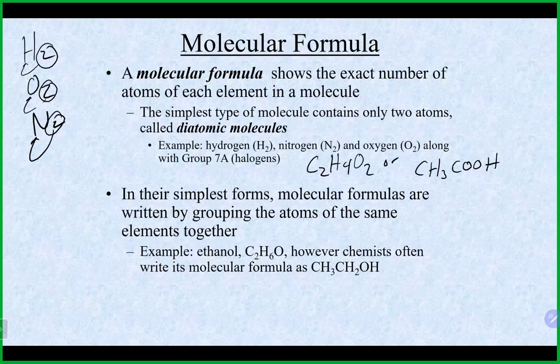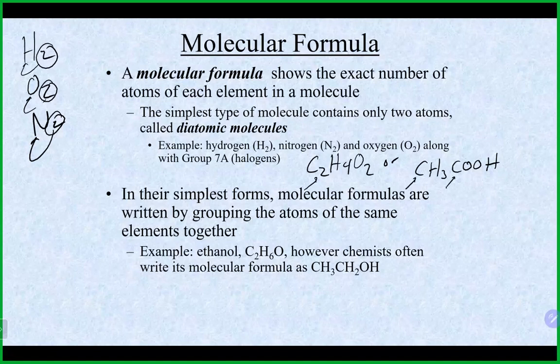Now, these are both molecular formulas for the same thing. This is acetic acid, which is the main component of vinegar. Although one gives you a little bit different information than the other, they both tell you there are two total carbons, right? Two there, one carbon and one carbon. So two carbons there.